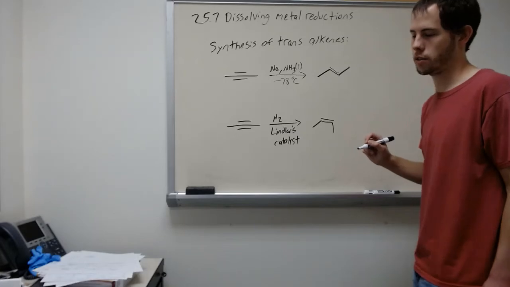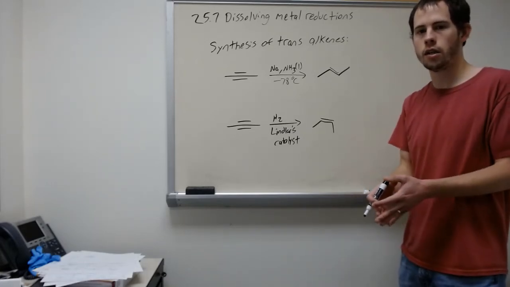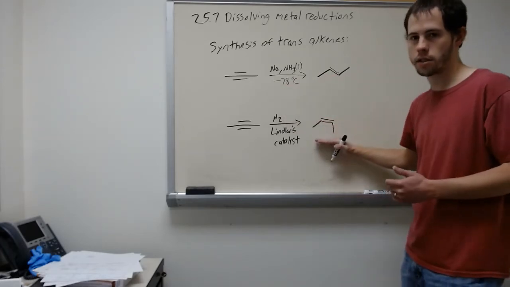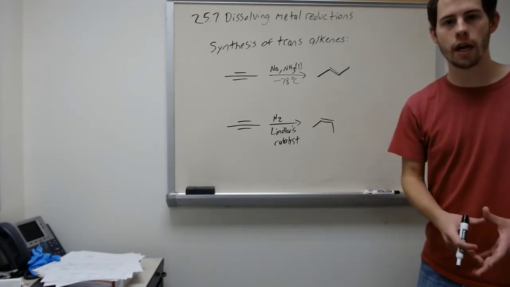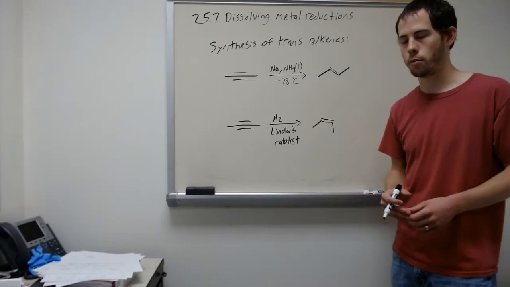Remember that we get these cis alkenes. So we know how to take alkynes now and make them into trans alkenes, make them into cis alkenes, and we also know how to take them all the way to the alkane if we treat it with hydrogen gas and palladium on carbon.